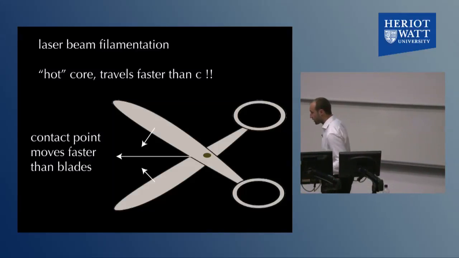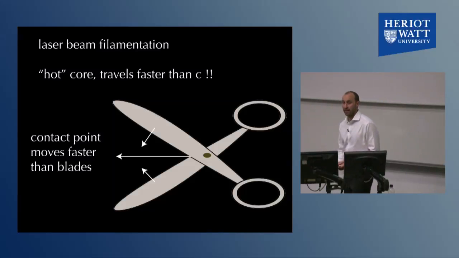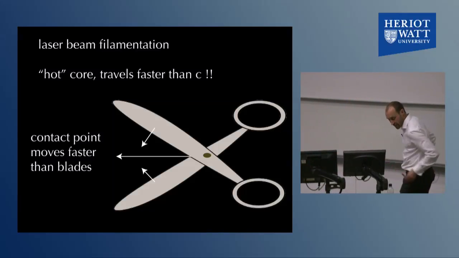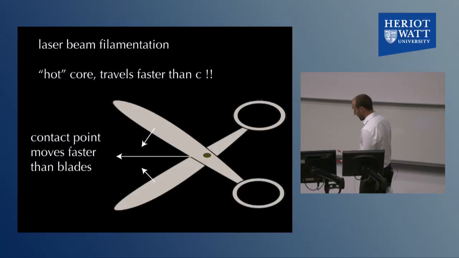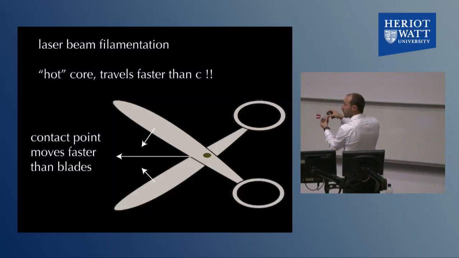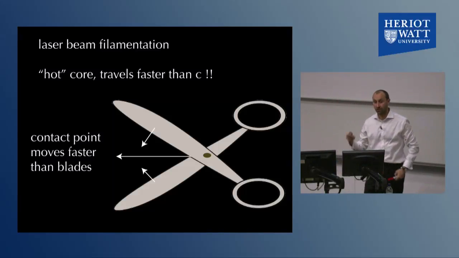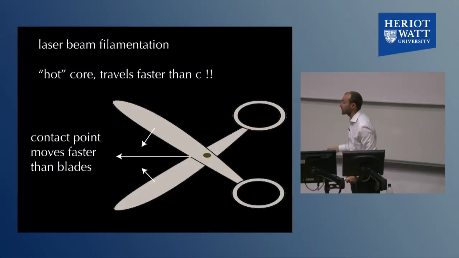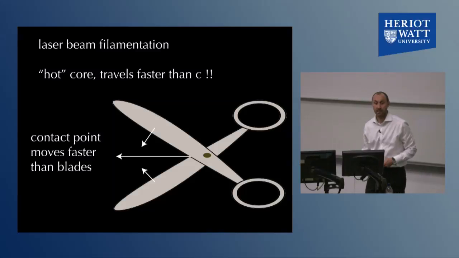So this is another experiment to do when you get home this evening. I forgot my scissors, I was meaning to bring them along, but if you take the scissors and close them, you'll notice that the contact point between the two blades travels forwards along this direction at a speed that is much faster than the speeds of the blades themselves.